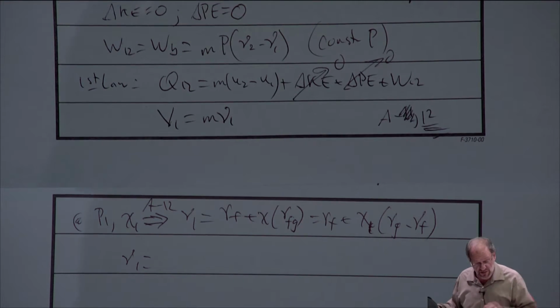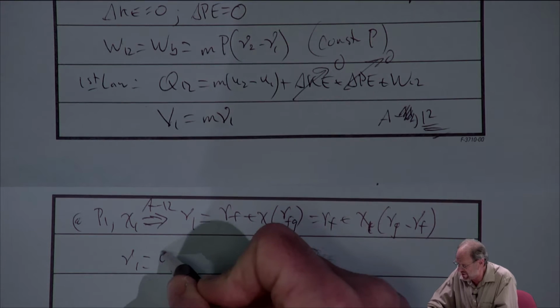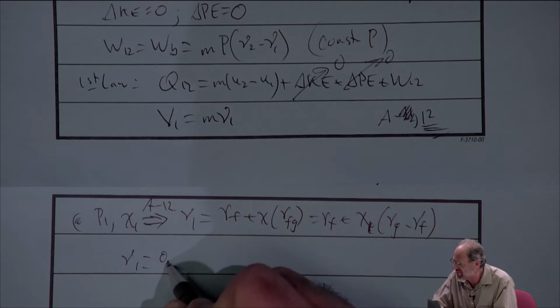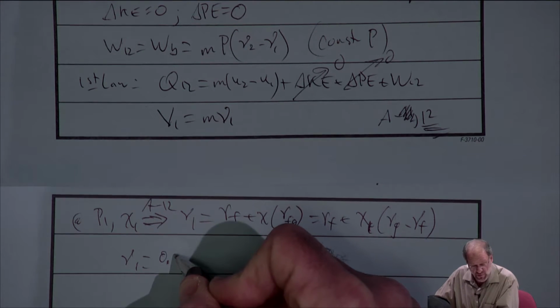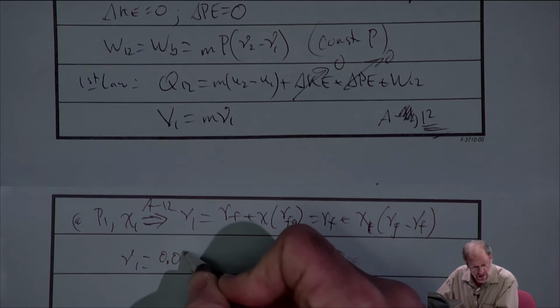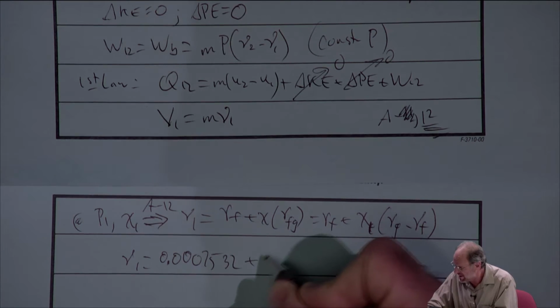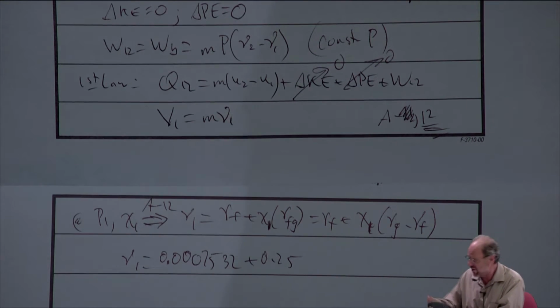So let's just pull the numbers out of our table. You can see them right over here. We go down to the 200 kilopascal line and read across, and VF is 0.0007532. The quality is 25%. By the way, I should put X1 over here just to make sure we know this is the initial quality.